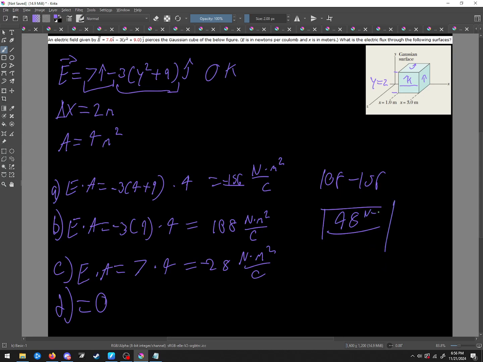And of course, it's newton meters squared over coulomb. Oh, negative 48. Would it be 108 minus 156? Oh yeah, that's what I have written up there. I did it in my calculator the other way around. Okay, so yeah, that is how you do that problem.